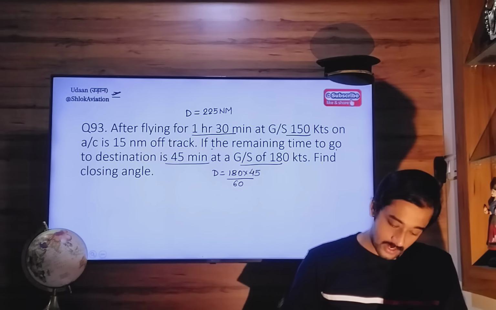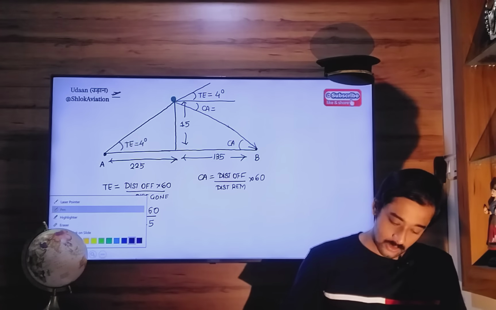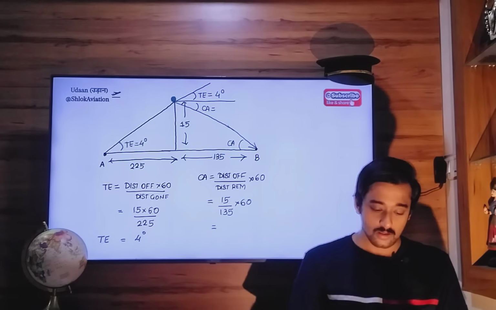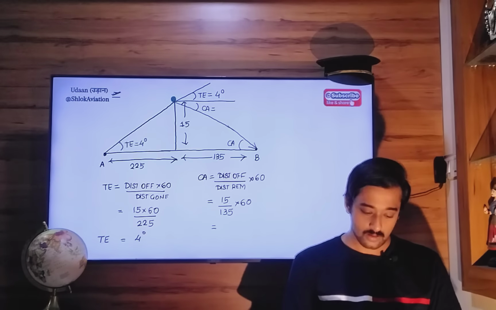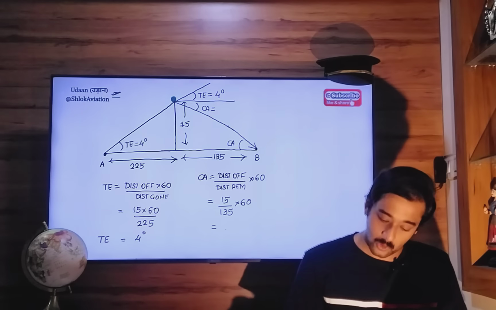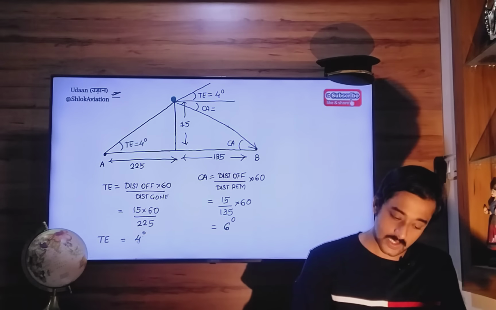That is 135 nautical miles. Substitute the values: 15 divided by 135 into 60 is equal to 6.6 degrees, approximately 6 degrees. So closing angle is 6 degrees.